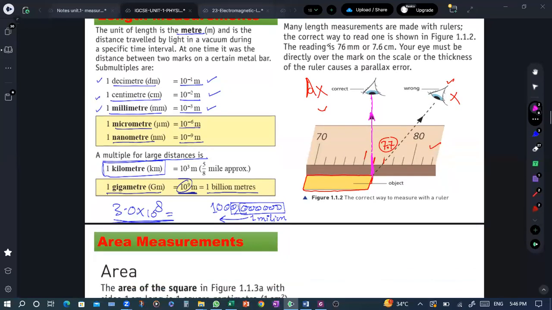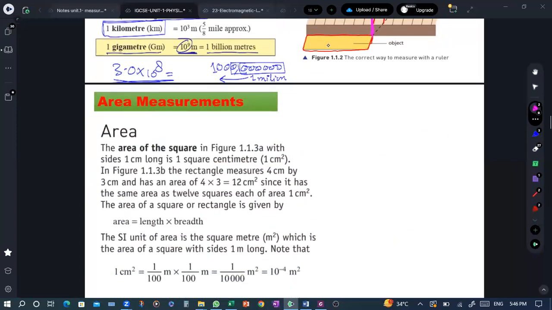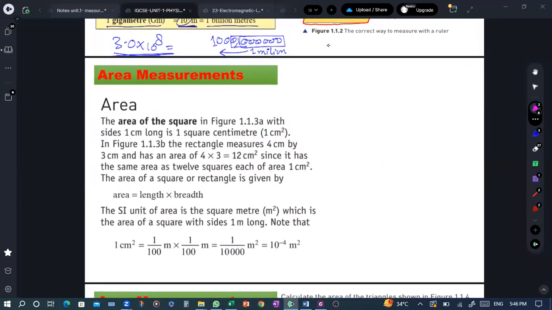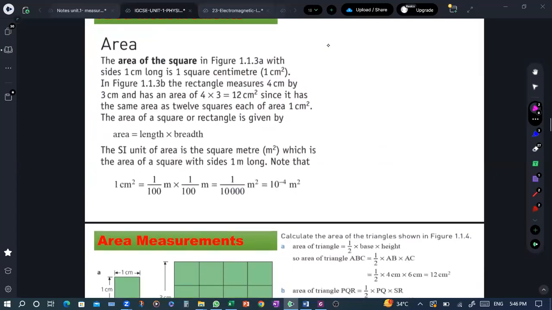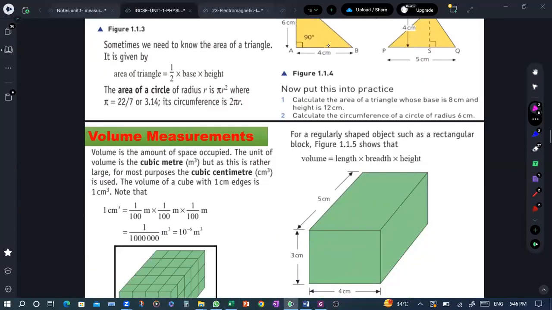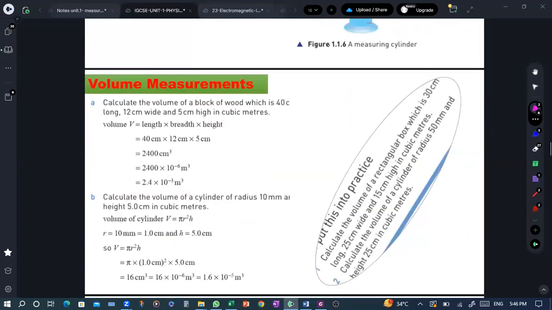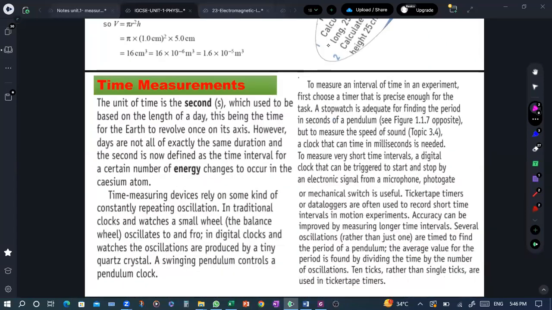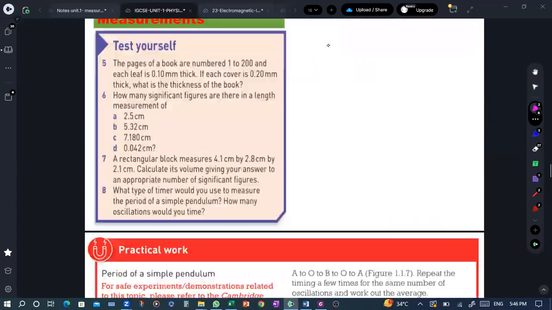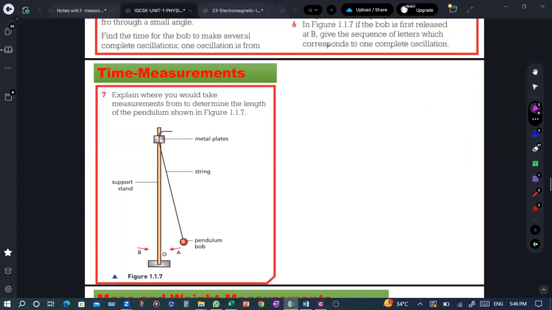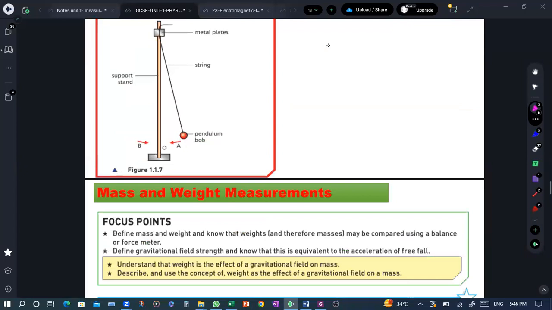Okay. So next topic, inshallah, we will cover measurement of area, which you people somehow know. Then measurement of volume, for regular objects and for irregular objects, a very important topic because it will lead me into another chapter. Then we will talk about measurement of time.